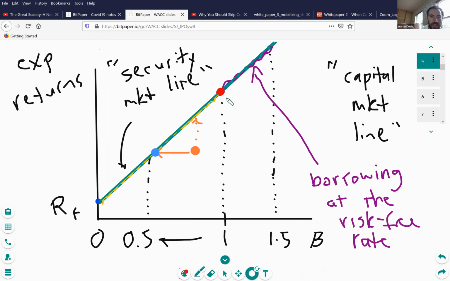They can earn something equal to this red dot on average, or they can combine that red dot with the risk-free rate in some fashion to achieve any expected return along that security market line. That's what investors could do if you just gave them the cash rather than reinvesting the money in the company.